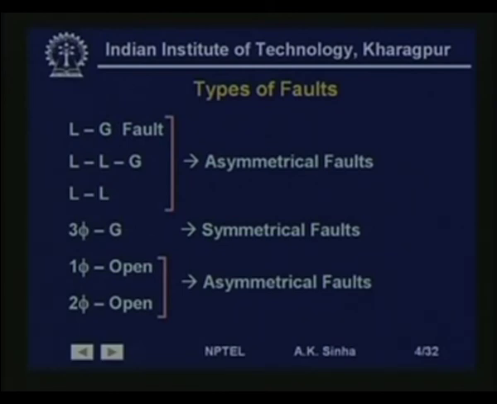Now, one question which comes to mind is: we can understand studying the short circuit faults, because in case of short circuit, heavy currents are going to flow in the circuit, and we need to protect our equipment from damage because of this heavy current. What happens in case of open circuit faults?